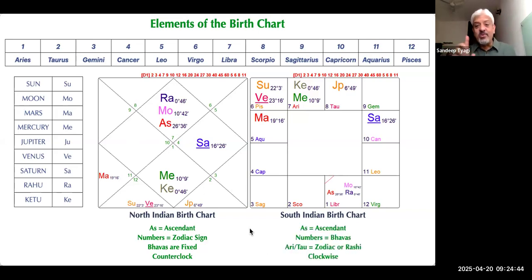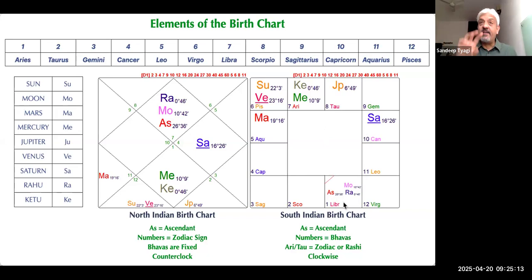What happens in the South Indian format, however, is that the numbers you see start with 1 wherever the ascendant is placed, which means that the ascendant that was rising in the east gets labeled as 1. So this represents the bhava or house in the South Indian format.